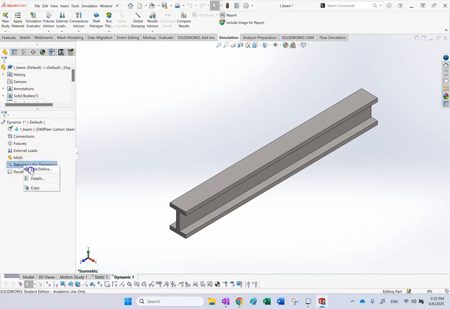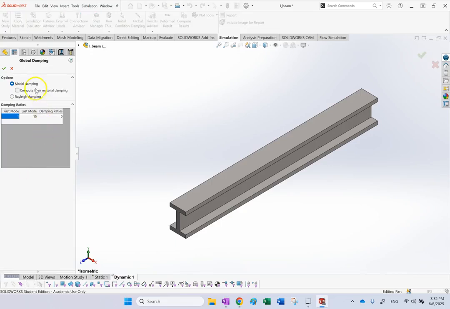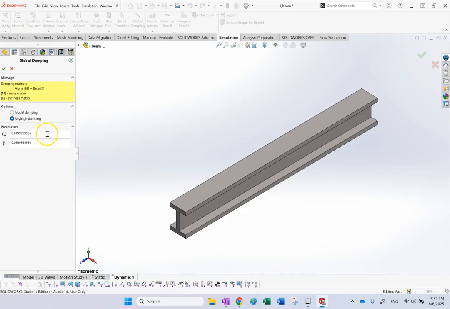If you right click and say edit, now you can either compute it from the material damping, which is modal damping, or it says Rayleigh damping. When you click there, now you can provide the alpha and the beta. So C, as you can see, is alpha times M plus beta times K, and this is where you can do Rayleigh damping.